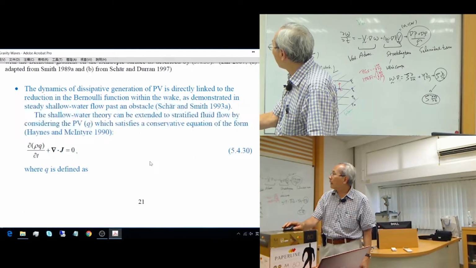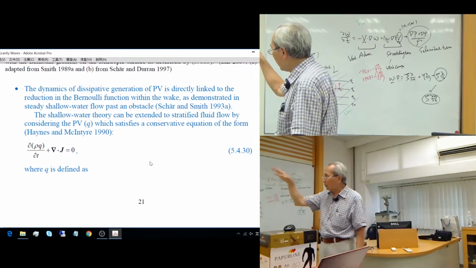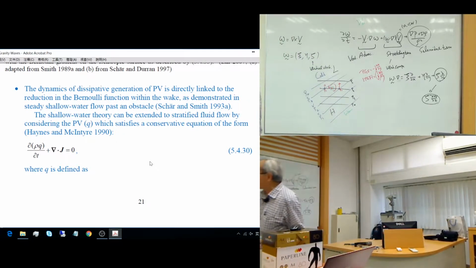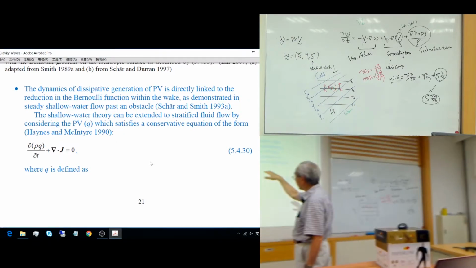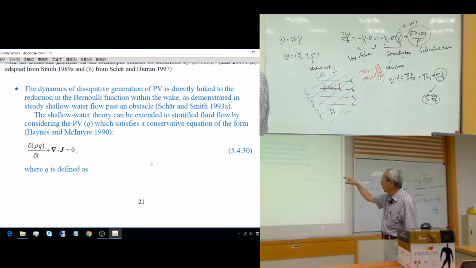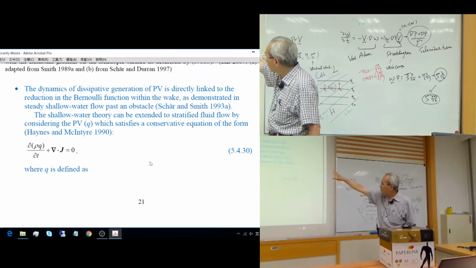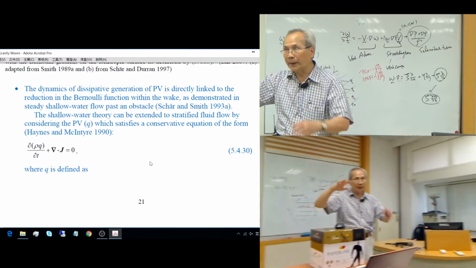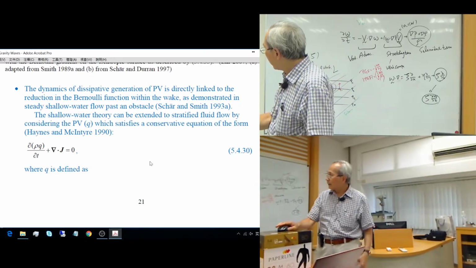Okay, and there is some more dynamics for this kind of dissipative generation of potential vorticity. So I highlighted it in a way. I let you read it.